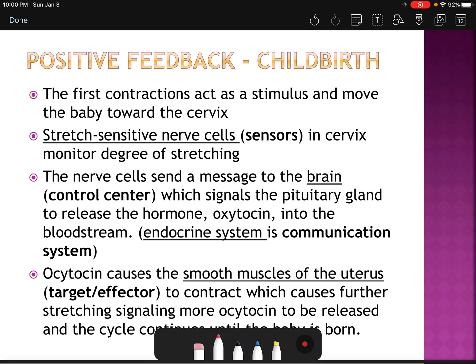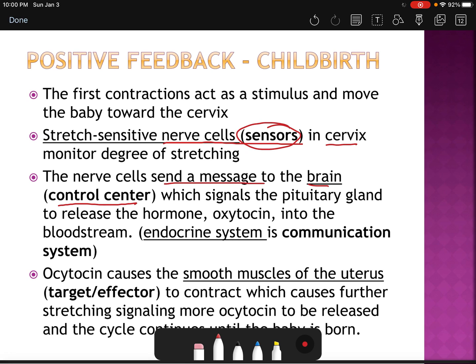There are stretch-sensitive nerve cells or sensors in the cervix, and they monitor the degree of stretching, because remember, that baby has to come out, okay? So those stretch-sensitive nerve cells, which act as your sensors in this case, are going to send a message to the brain.